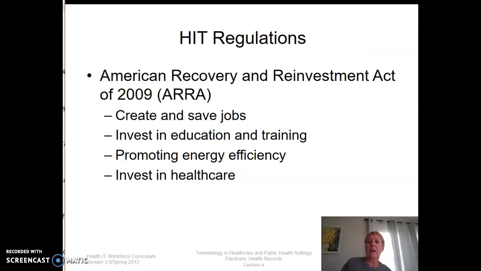Out of this, under the ARRA Act of 2009, the purpose was to create jobs and also save jobs. But they really wanted to invest in education and training of health information professionals. They wanted to promote efficiency, and it was a big investment in healthcare. And why? To control cost and to improve quality and outcomes.